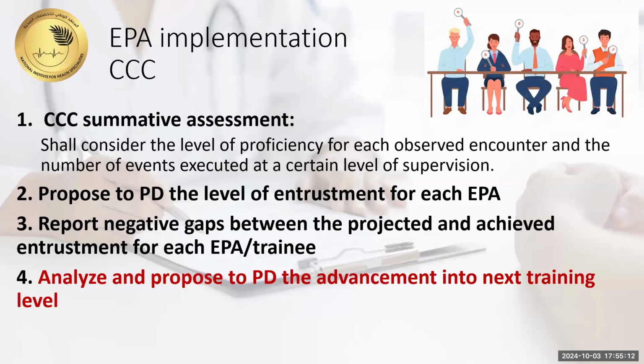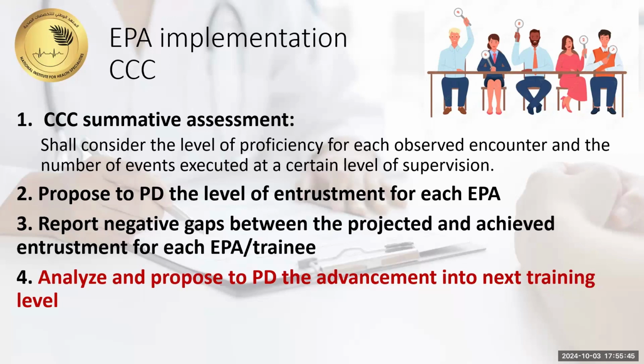Then they will report negative gaps between the projected, remember we said we expect them to complete the EPA at a certain time, let's say at the end of year 1. So they will report if there is a trainee who is already in year 2 and did not complete the EPAs projected for year 1. This is a negative gap.